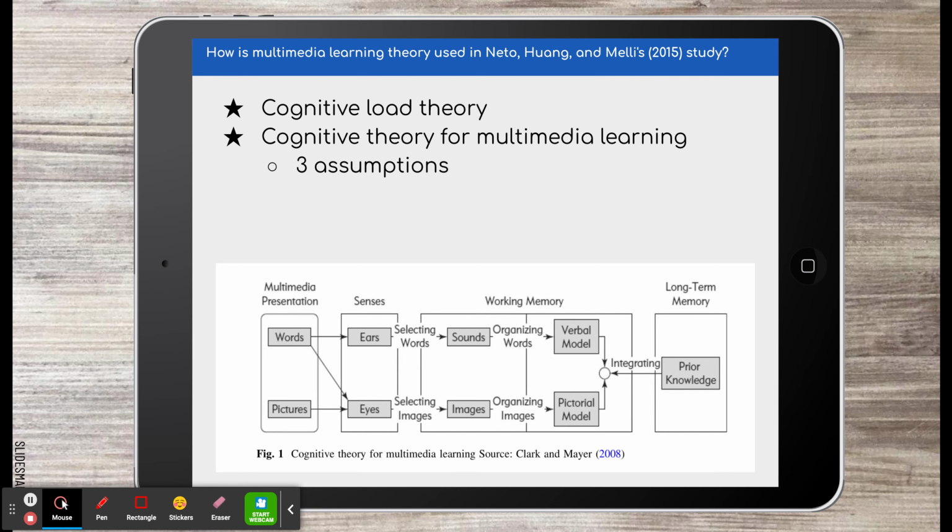So what it says is that the cognitive load theory and the dual coding theory and the working memory model. The cognitive theory for multimedia learning is based on integrating those theories, and is supported by the three assumptions that I just talked about earlier.